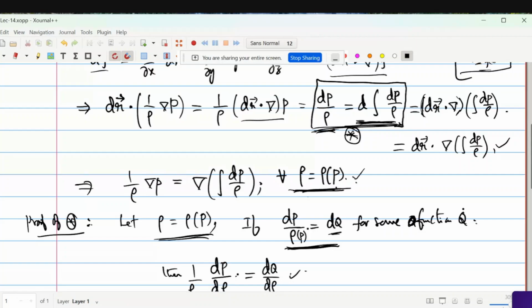This is an exact equation because it is the derivative of some function. In a similar way you are doing this. So dq, okay, sir. This is the proof we have given, so I think it's all right. Now you go and put it into your momentum equation. Come back to the momentum equation, where I am going to replace this now.